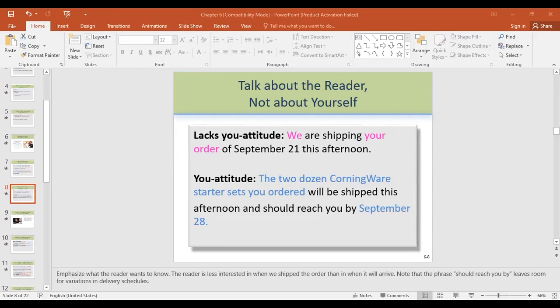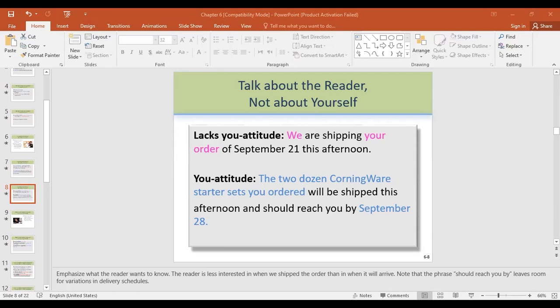So what I'm interested in is, when will it arrive, this shipment, okay? So the reader usually is less interested in when we ship the order. I don't care when we ship the order. I only care when it will arrive.